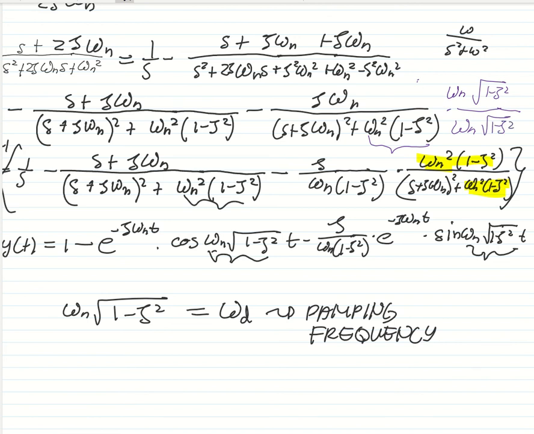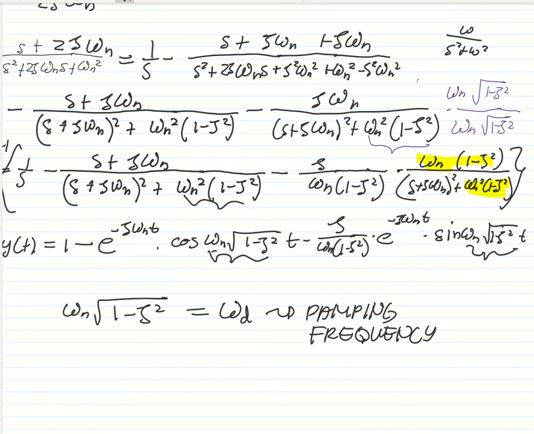Why? Because our formula is omega over s squared plus omega squared. So the numerator is just omega, not omega squared. I did multiply it without the square root, meaning that's the squared value. So in order to determine the omega, just take the square root of omega n squared times 1 minus zeta squared, and that is omega n times the square root of 1 minus zeta squared.